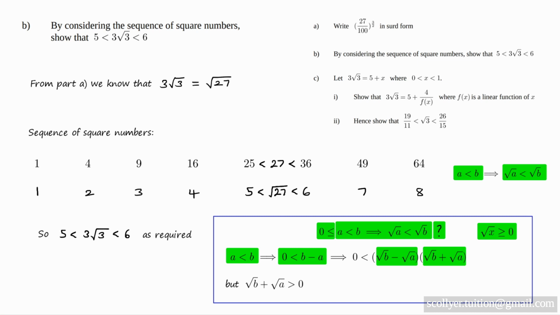And that means that we can divide away root b plus root a from the right-hand side of this inequality to leave 0 is less than root b minus root a, which gives, on adding root a to both sides, root a is less than root b, as required. And so we have shown that if a is less than b, then root a is less than root b.